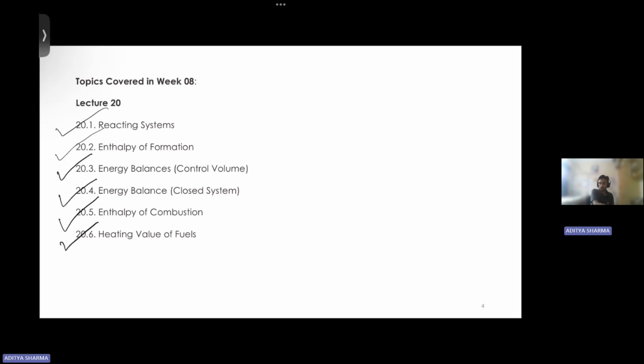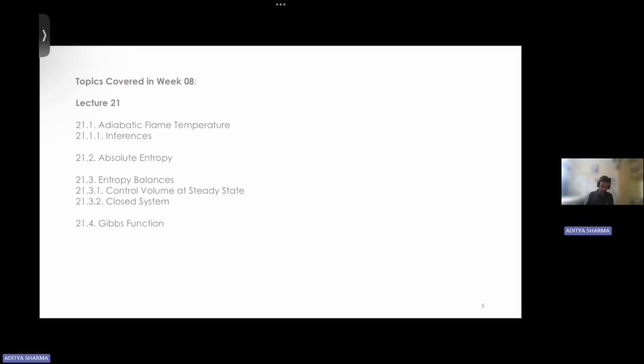So this is the difference between high heating value and low heating value. This was your last heading in lecture 20.